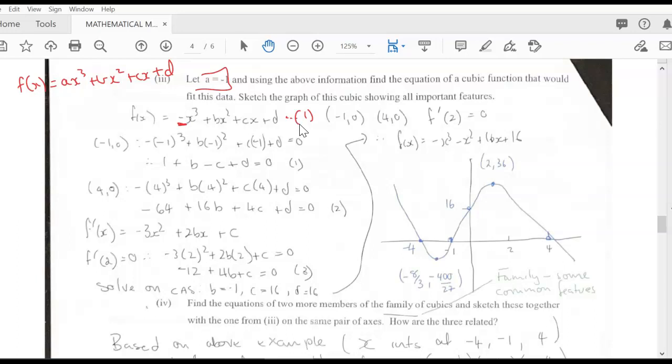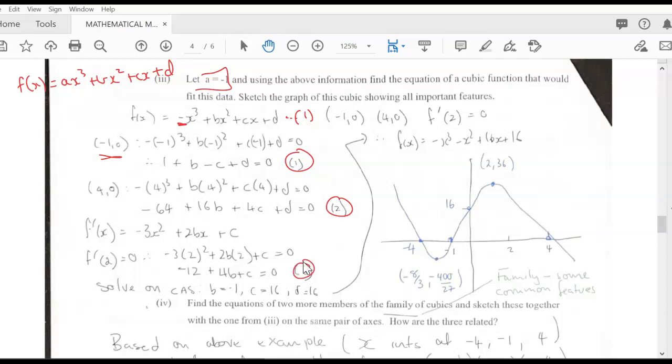Our second equation comes when we substitute in the point (-1, 0). It's labelled that as equation 1. Substituting in the point (4, 0), there's equation 2. And our gradient function, we know that at x equals 2, it's equal to 0. So there's number 3.